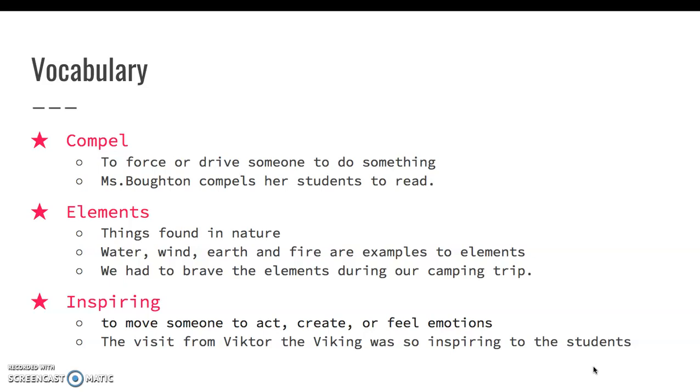And elements can also be not just nature related, but also man-made and the effect of human beings and some of their choices. So an example for that might be, we had to brave the elements during our camping trip.